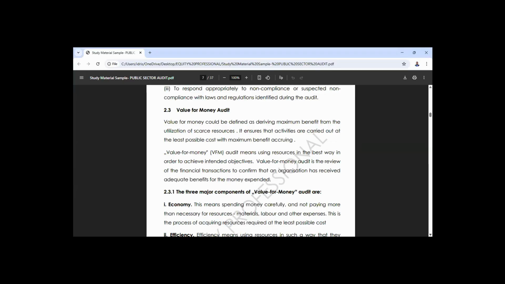So value for money audit is the review of financial transactions of an organization to confirm whether the organization has received adequate benefit for the money expended.